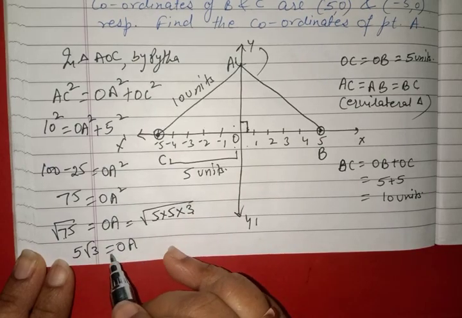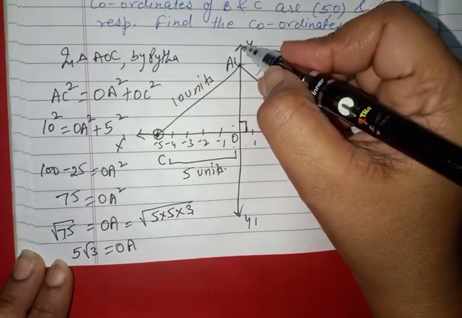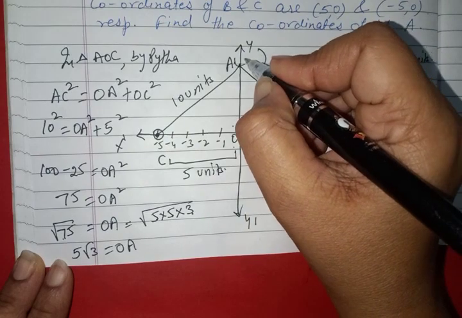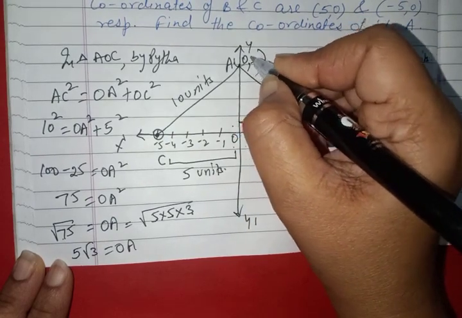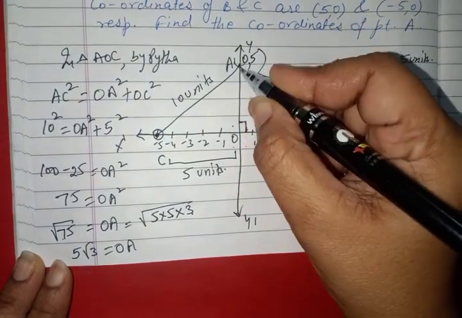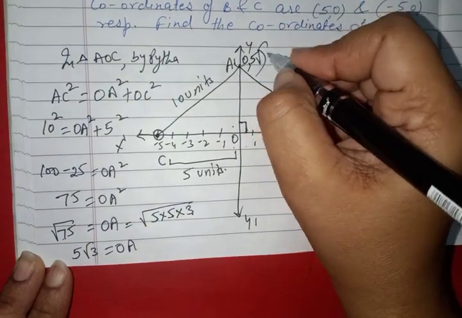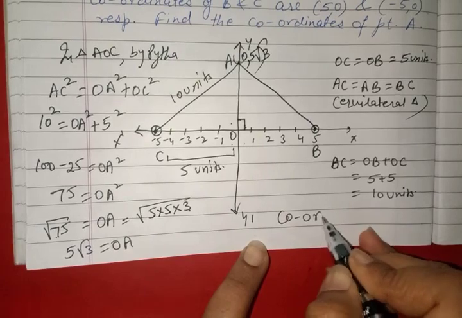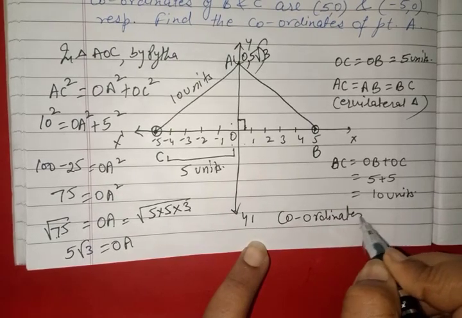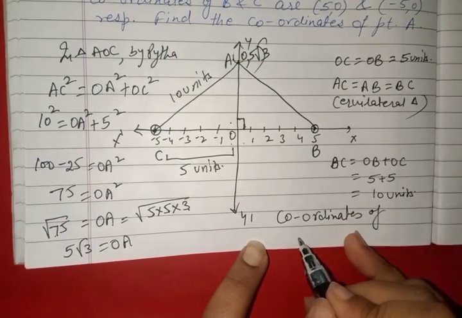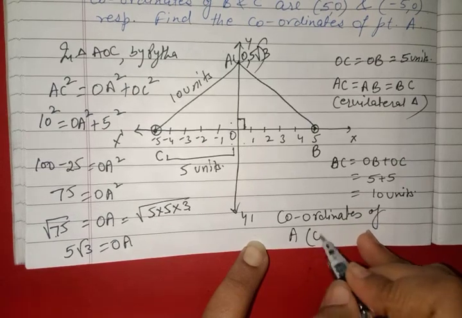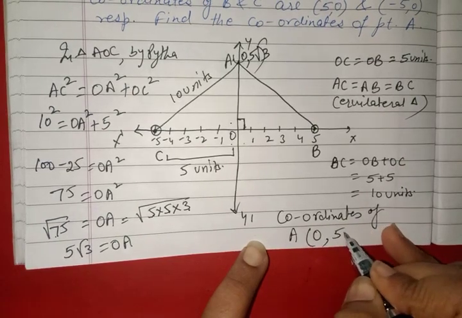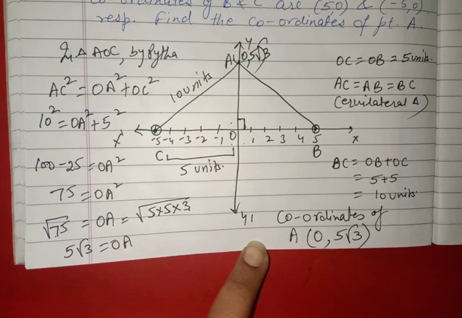So OA is 5 root 3. This is the y-axis. The value of x is 0 here, and the length on the y-axis is 5 root 3. So you will write at the end that the coordinates of A are 0, 5 root 3.